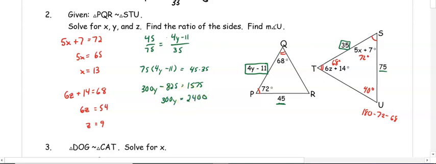When we divide, we get y is 8. Then we lastly want to find our ratio of the sides. So the ratio of the sides we can use the sides from each triangle. So we have 45 over 75. Those are our corresponding sides. All we have to do is reduce this, so our ratio of sides is 3/5.